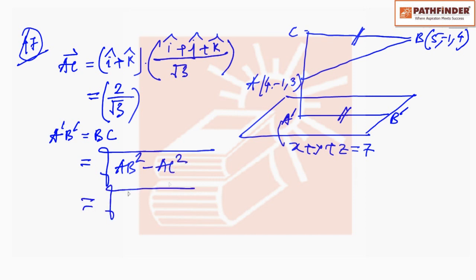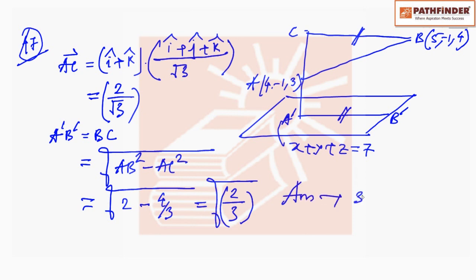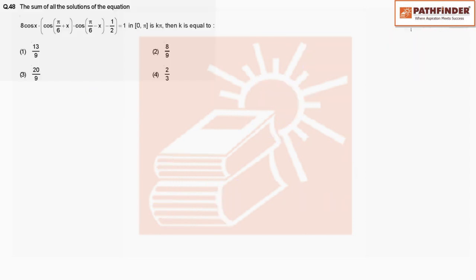So it will be 2 minus 4 by 3, that will be root under 2 by 3. So this is the value of the projection. So answer is 3.